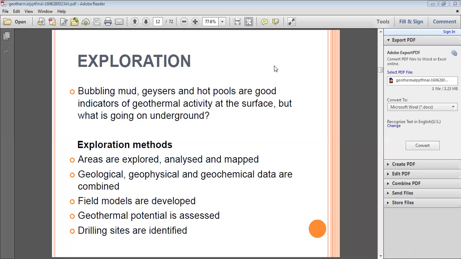We identify sites that have the potential of storing geothermal energy, then identify the sites for drilling, from where we can take out hot water and heat energy. So these are some of the exploration methods.